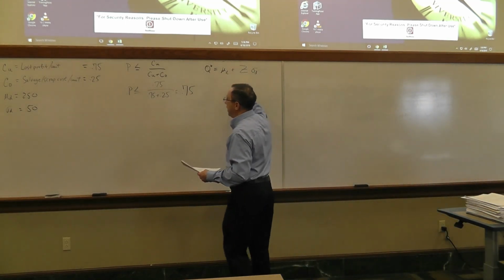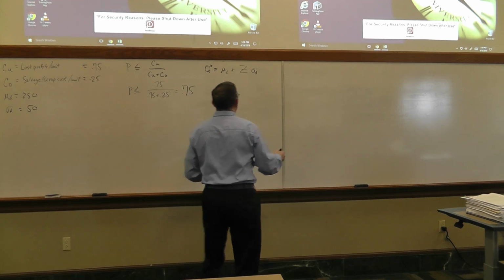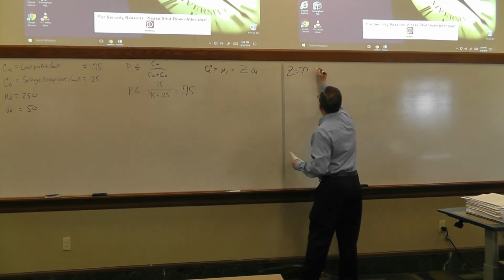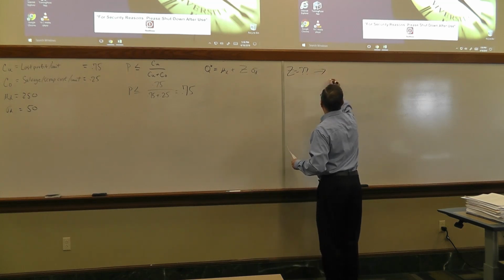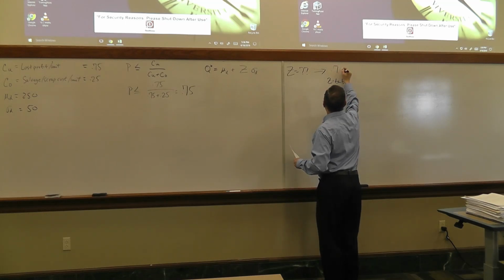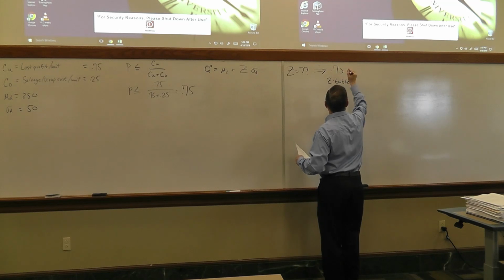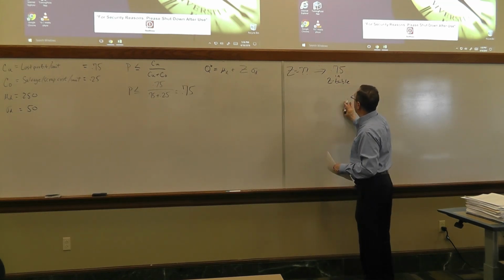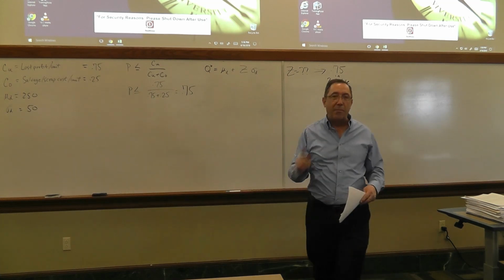So I need my Z. So Z equals, again, what does that equal? Well, we go to the Z table, and we're looking at 0.75 as a probability.